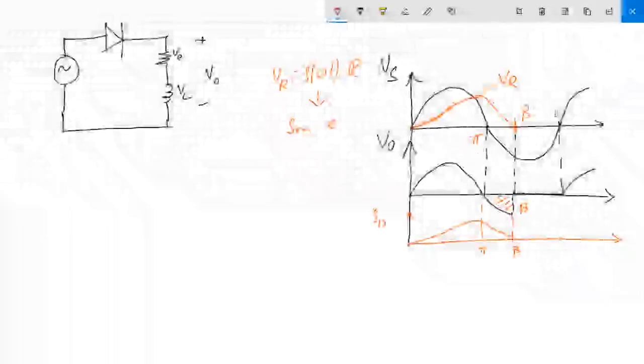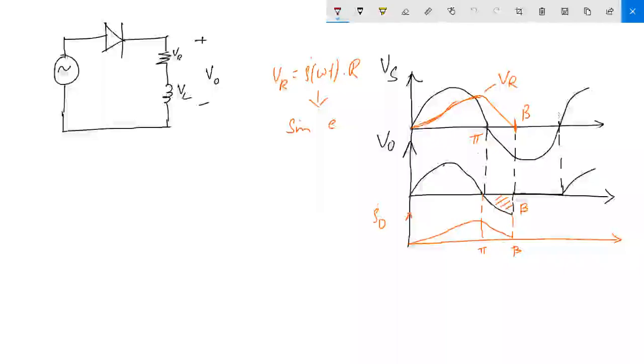So, in the last lecture, we have seen different types of load, and we have seen the single phase uncontrolled half wave rectifier.